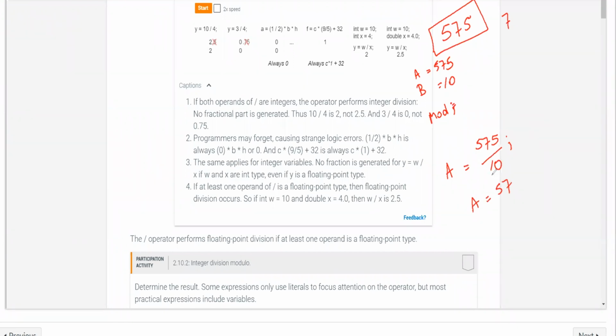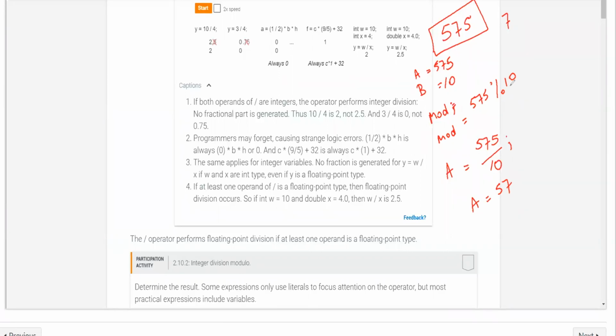And the second thing, before you divide this, you calculate the mod of 575 and 10. Mod means the modulo, that's what we're talking about here. So what does the modulus give you? Number modulus 10, what does it give you?